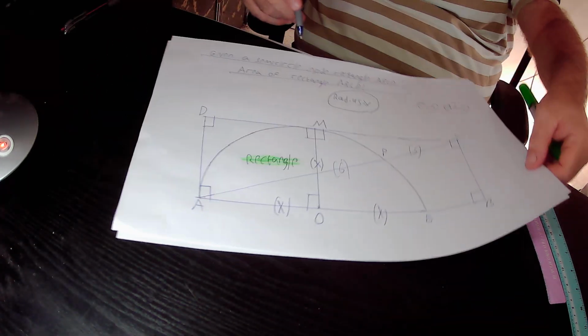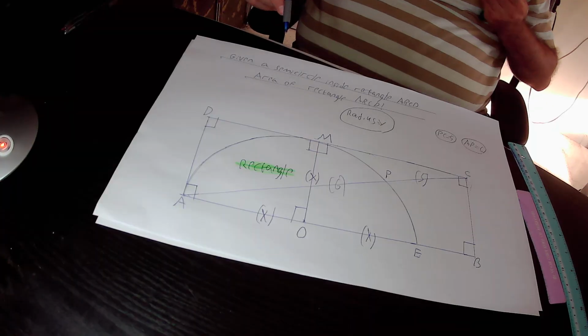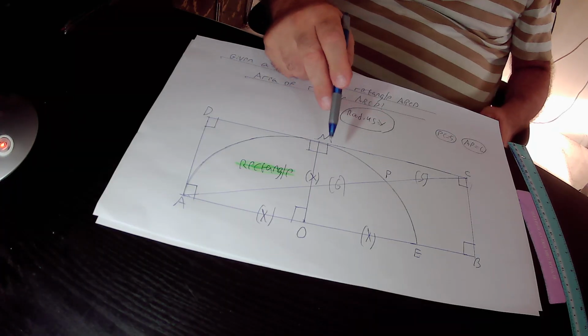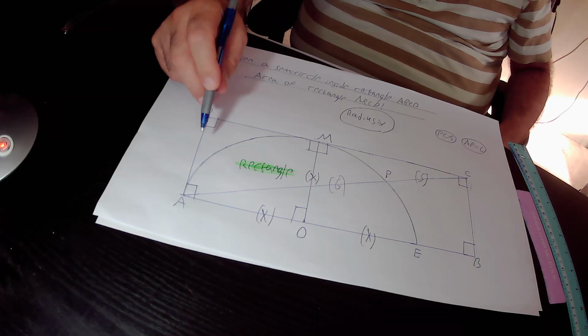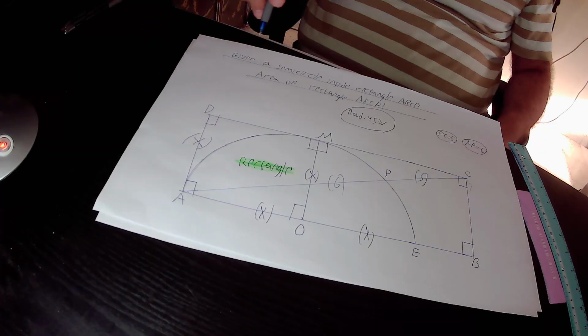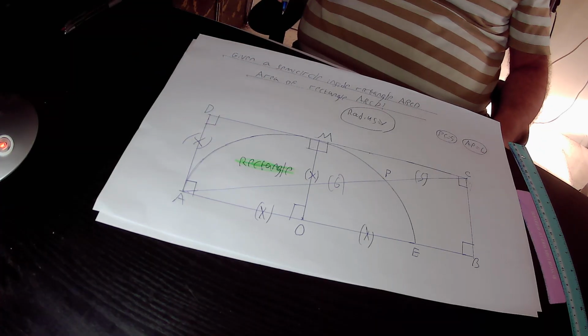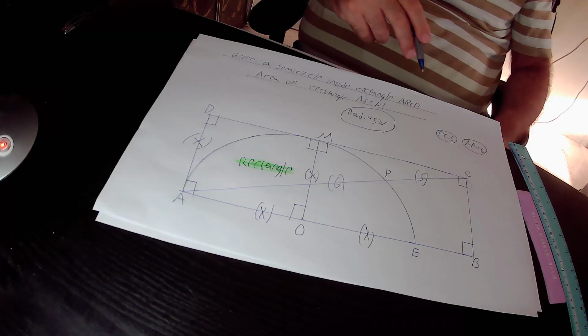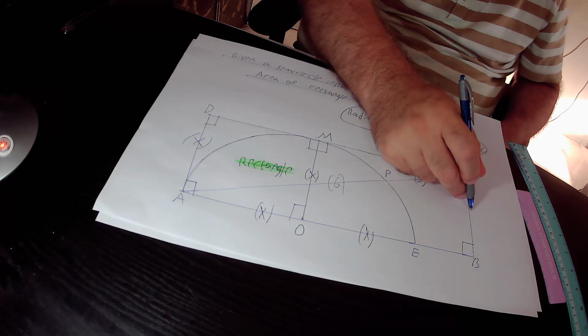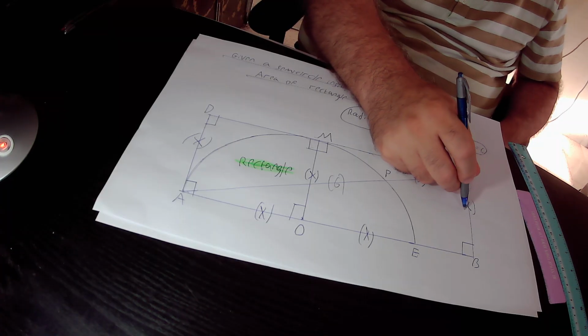So in the small rectangle DMOA, side DA must be equal to the opposite side MO, but MO equals x, therefore the opposite side DA must also equal x units in its length. Likewise, in the big rectangle ABCD, side DA must be equal to the opposite side CB, but DA is x, therefore the opposite side CB must also equal x units in its length.